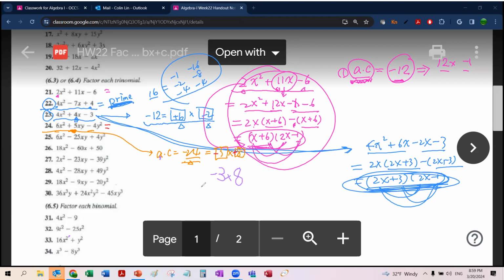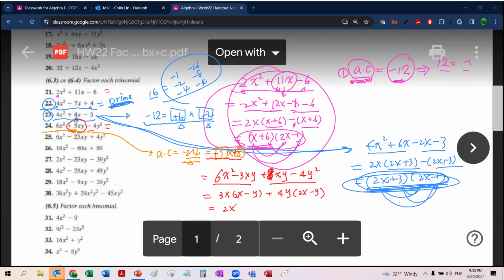So let's do the grouping process, right? It became 6x squared. This part breaking down -3 and +8: -3xy plus 8xy, and then -4y squared. So group factor these two. We take 3x out, 2x minus y, and this part, take 4y out, 2x minus y.